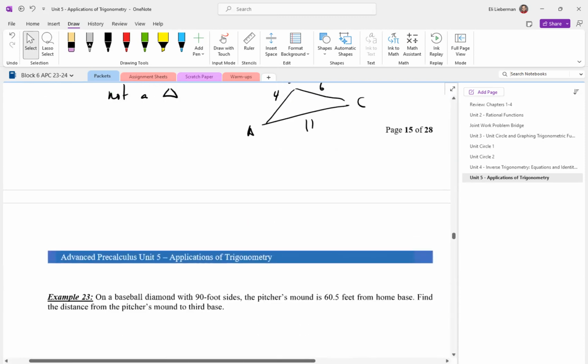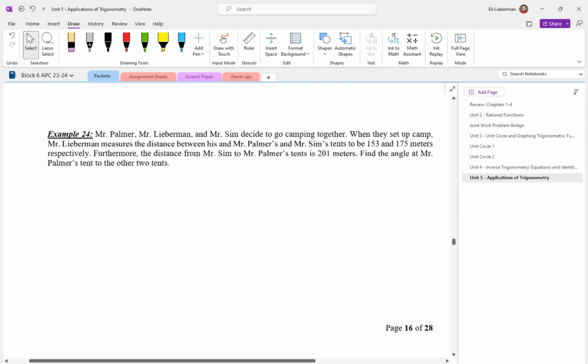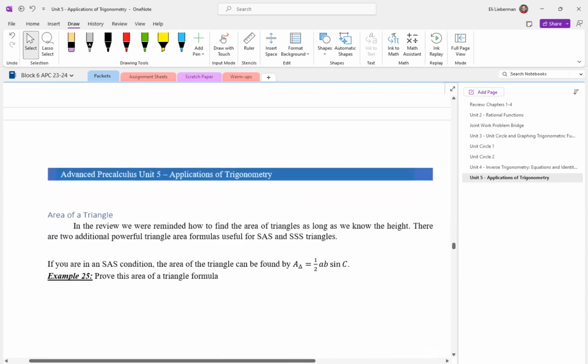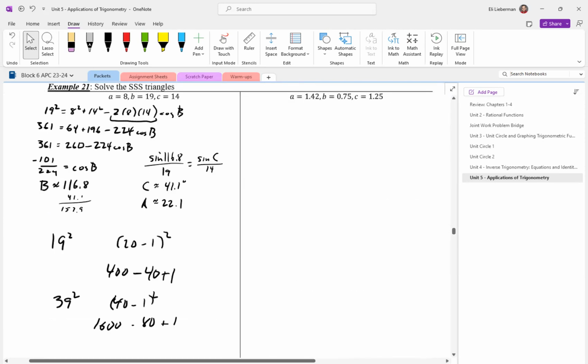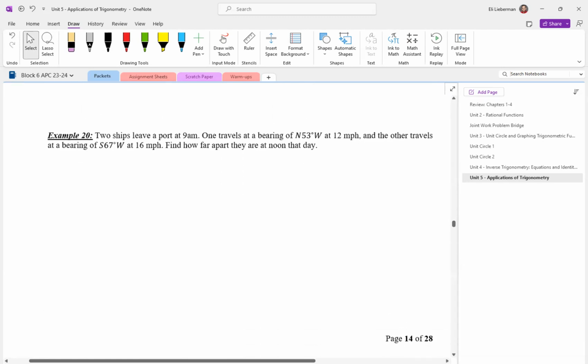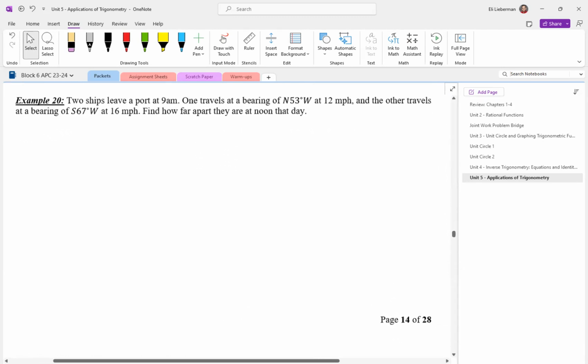It's not a math sense one. Where is it? Oh, up here. Look at this one. Example 20. I don't like this one. I still don't know the plan.